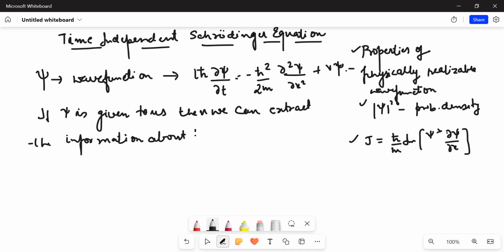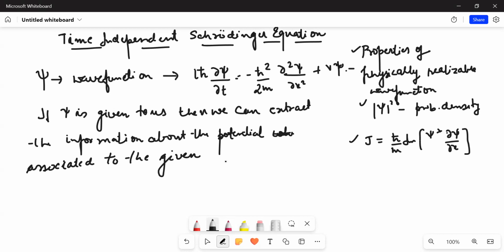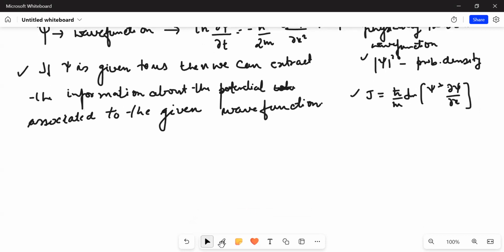We may extract the information about the potential associated to the given wave function. So this is another part. Now let me take an example and make you understand what I want to convey.